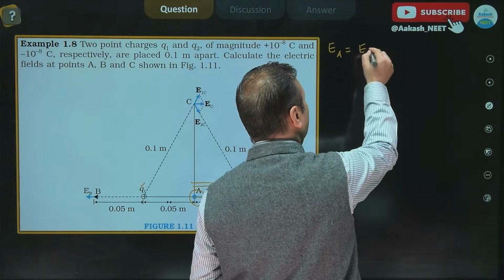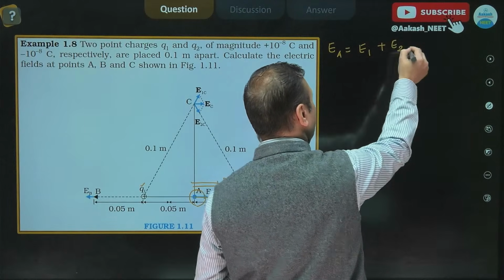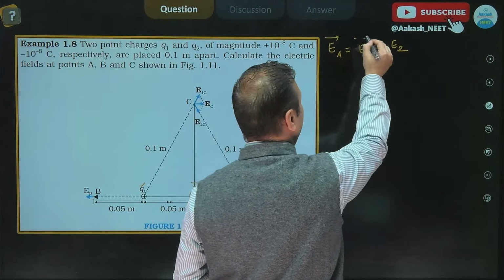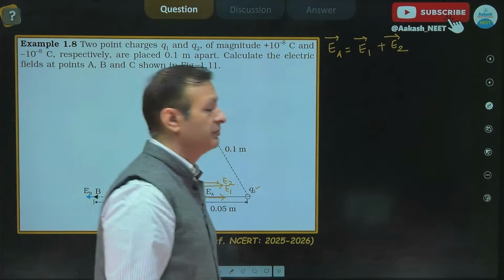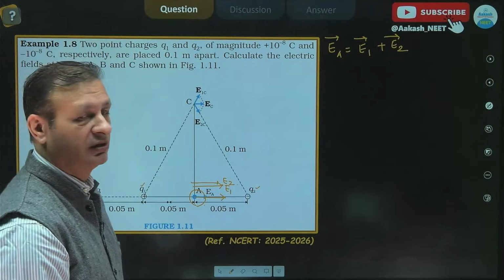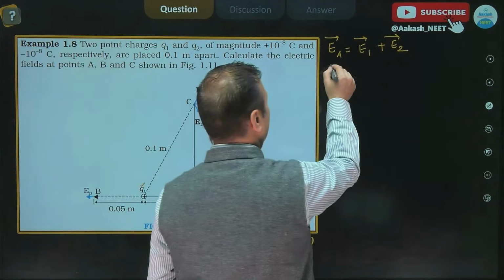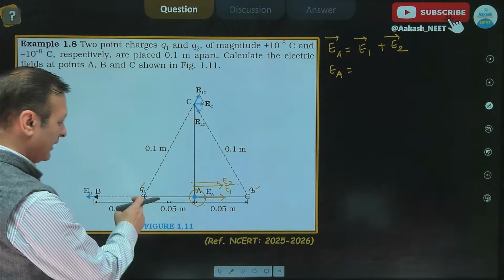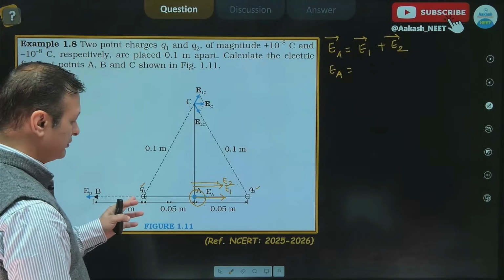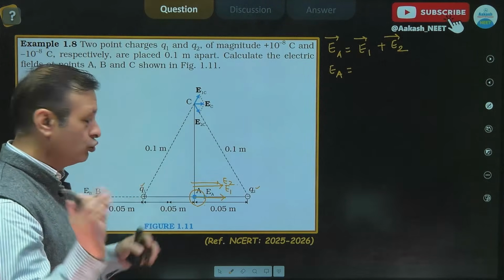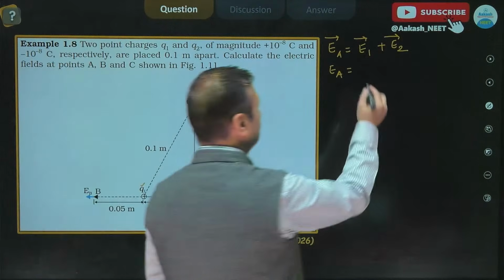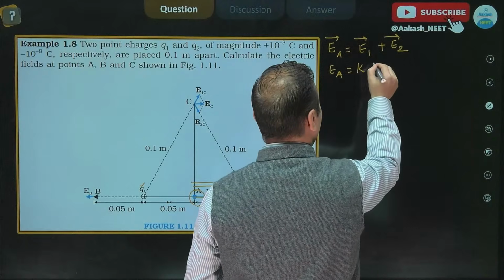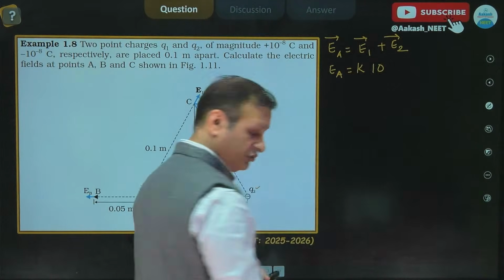So, that would be E1 plus E2. Otherwise, in vector form, in superposition principle form, we simply put it in the vector form, but we are clear about the direction. So, let's work out the magnitude part. What is E1? Electric field due to a point charge is KQ by R square. So, this is K times Q, the positive charge, 10 to the power minus 8.